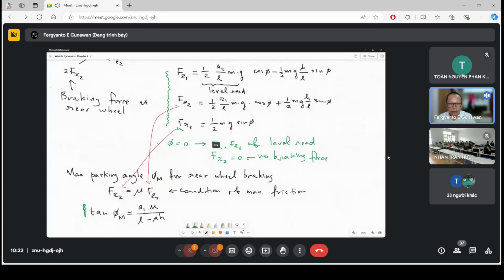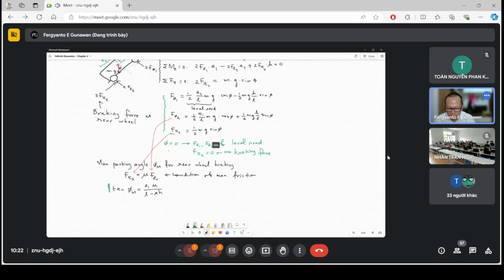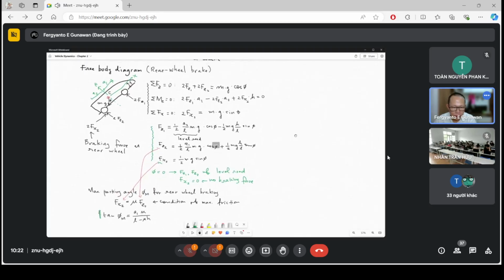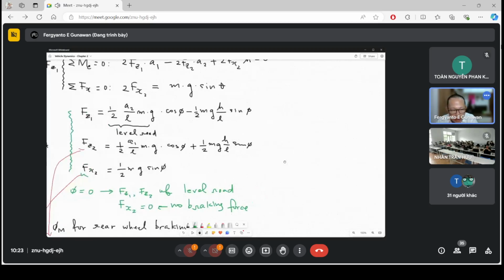Okay, so for summary, if you have a rear wheel brake, the rear wheel will receive more load, right? I'm going to zoom out a little bit.